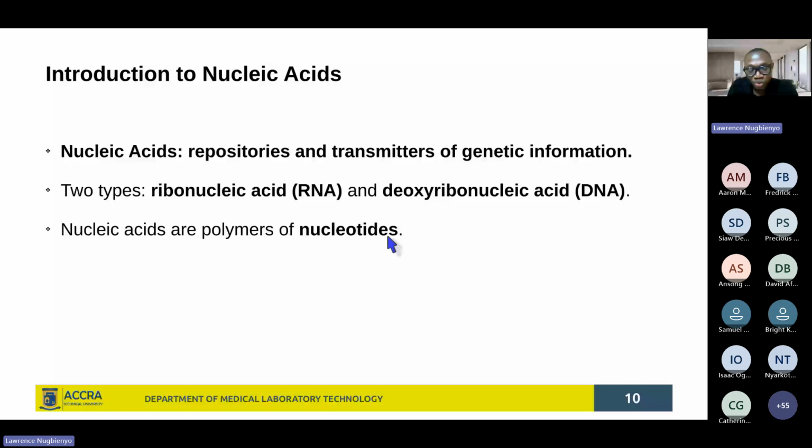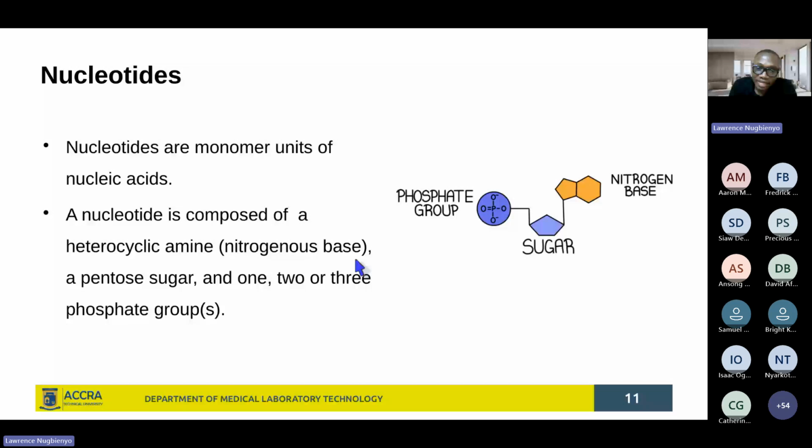Now we will move a step further down to see what these nucleotides are made up of. If you take any nucleotide, the nucleotide is made up of three components. You have what we refer to as a pentose, or a 5-carbon sugar, as the central component of a nucleotide, which you find in nucleic acids.